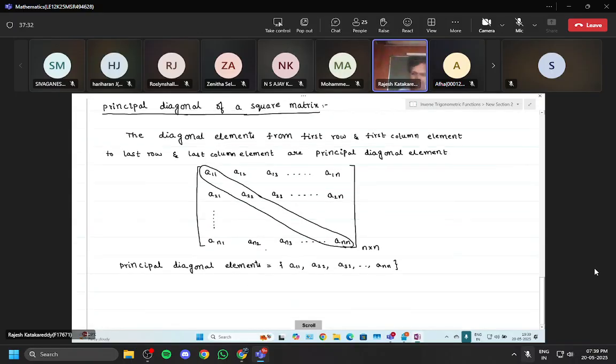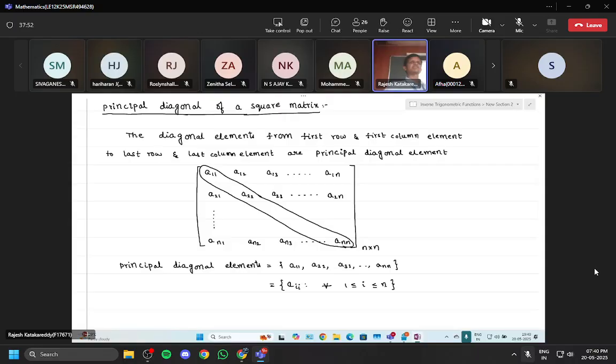Mathematically, principal diagonal elements are AII for all 1 less than or equal to I less than or equal to N. This is principal diagonal elements, right?